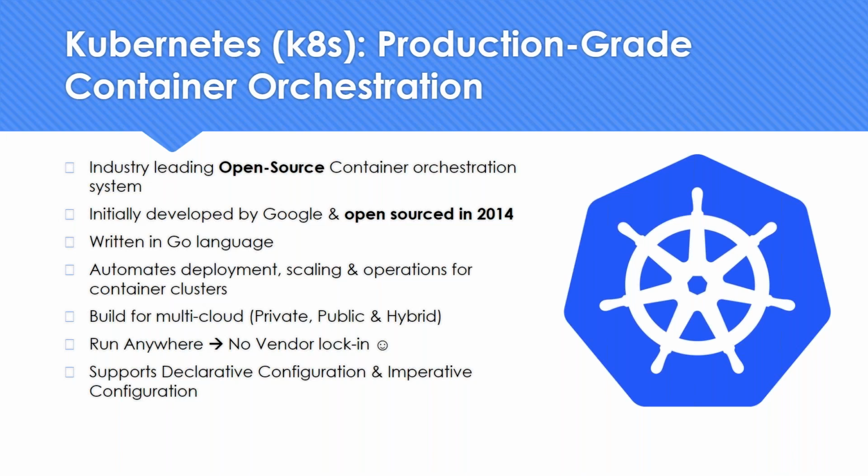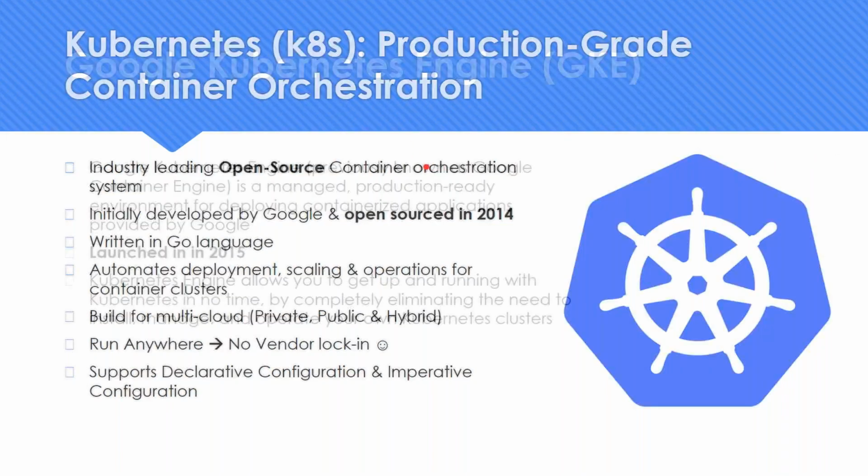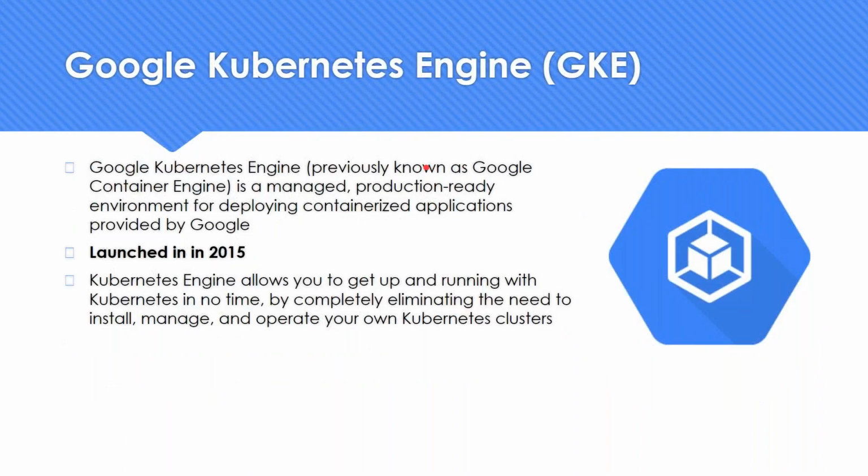So that's where Google, it is anyway their own baby, in 2015 launched a managed version of it. So you don't need to worry about provisioning and managing it, all those things. The infra, basically, Google is going to do it for you.